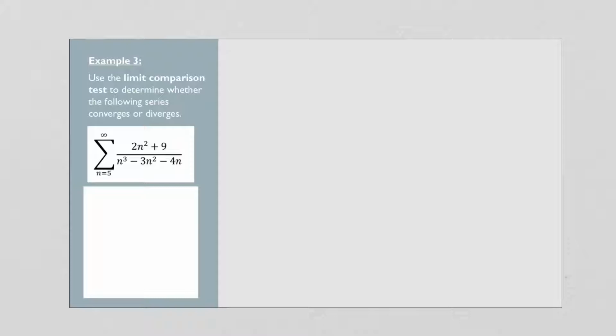So let's get started. Let's write down our series, n equals 5 to infinity of 2n squared plus 9 over n to the third minus 3n squared minus 4n. This series is a positive term series ranging from 5 to infinity.